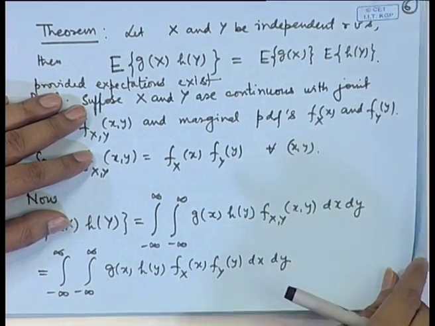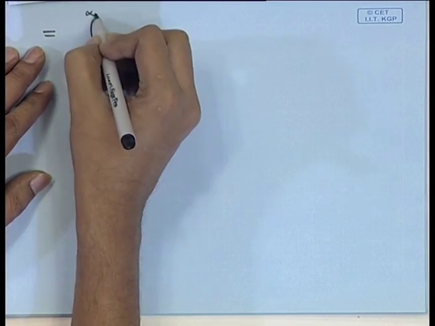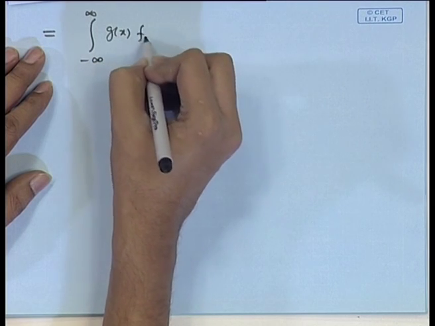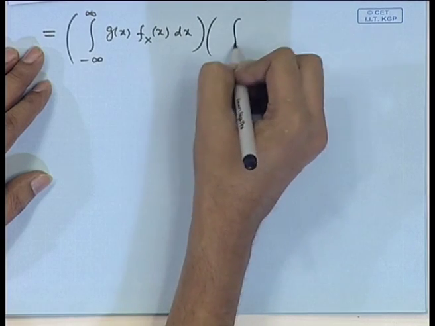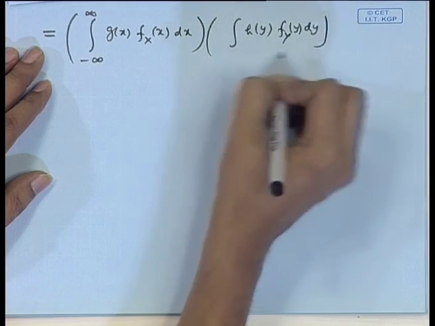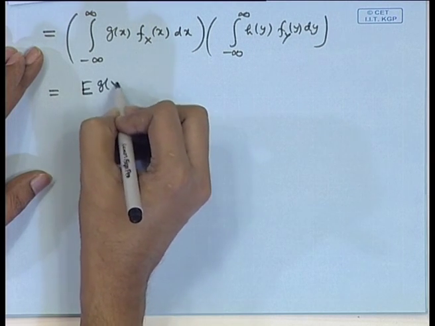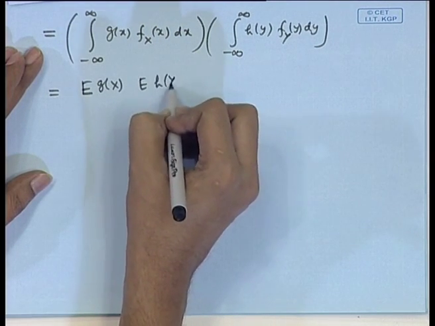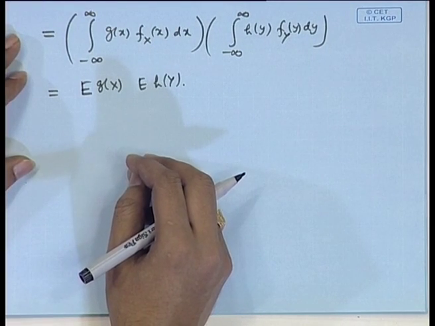Now, this is nothing but the product of the integrals g x f x dx and h y f y dy, which is nothing but expectation of g x into expectation of h y. So, the expectation of a product is equal to the product of expectations in case of independent random variables.